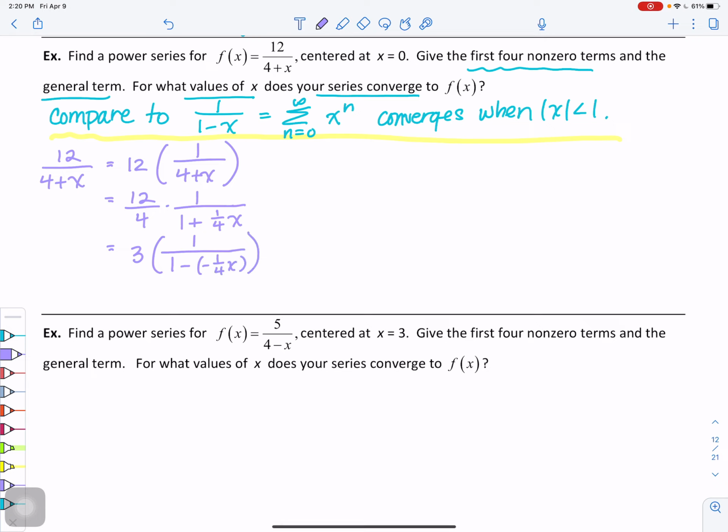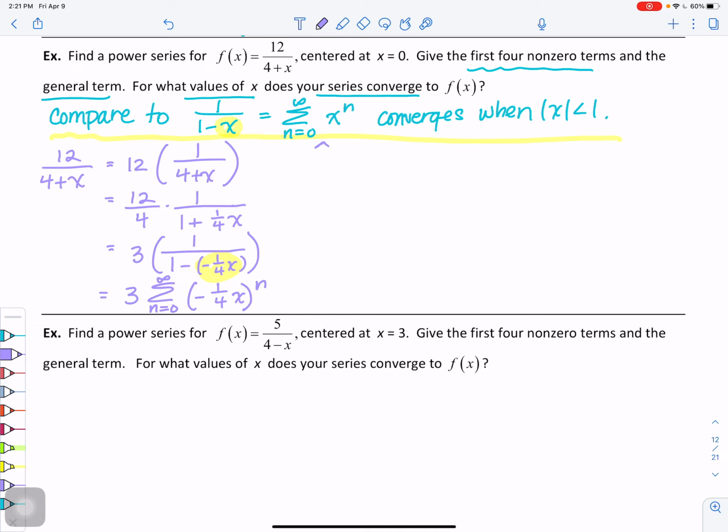So it's all manipulating. So what do you notice? Our x is negative 1/4 x. This is their x, that's our x. So how can we write that? We can say that that's equal to 3 times the sum n equals 0 to infinity of negative 1/4 x to the n power. We're comparing it to that with our x, okay?